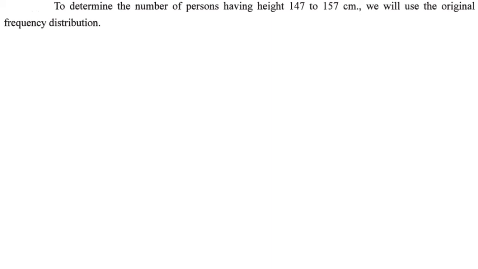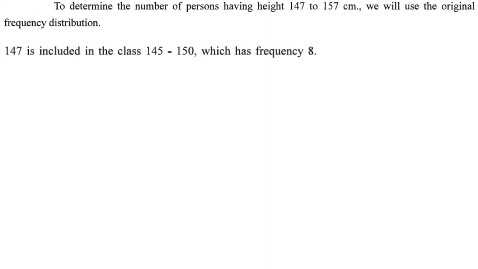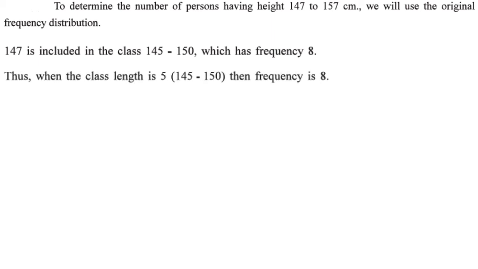These are not exact boundary points, they are given somewhere between. So 147 is included in the class 145 to 150. The frequency of this class is 8. The class length is 5 and the frequency is 8.